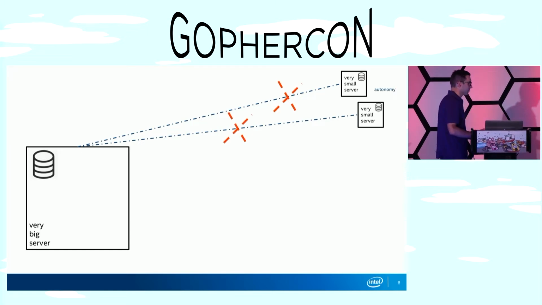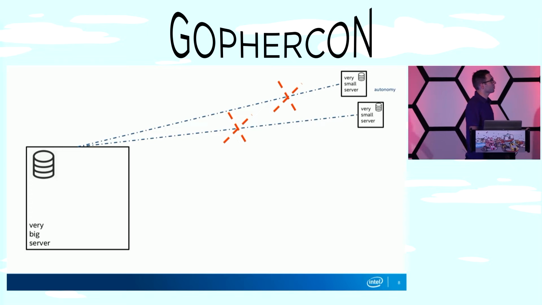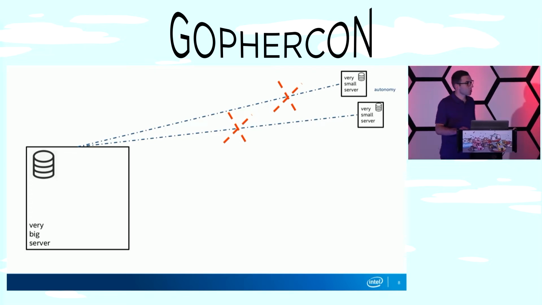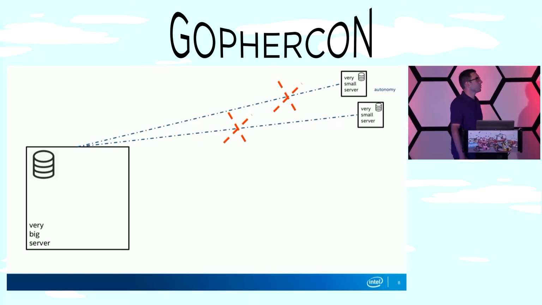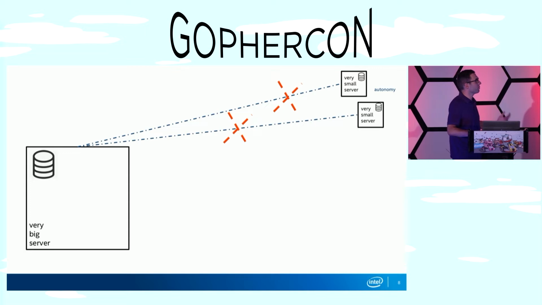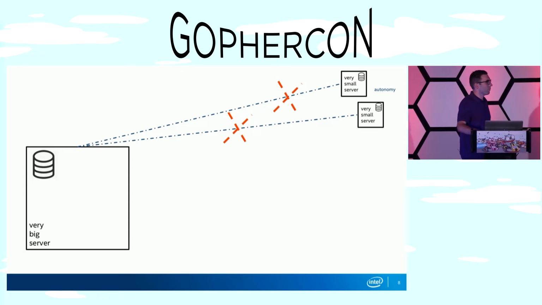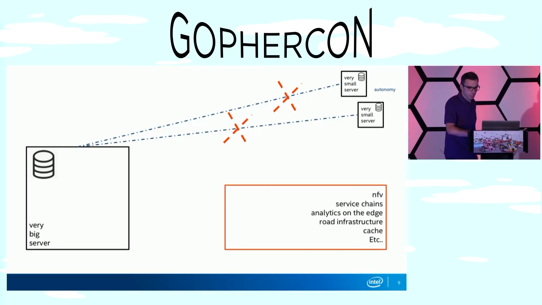Another thing for the edge, which is one of the use cases, is that edge servers need to have autonomy. If they lose the link, they still need to run the workload, and be able to live without any other connections.